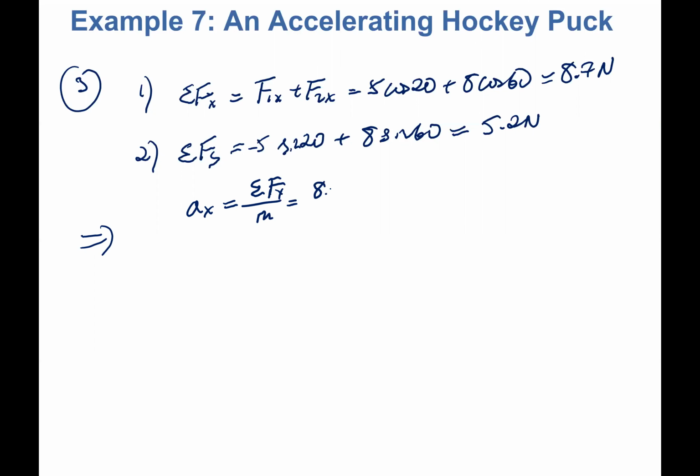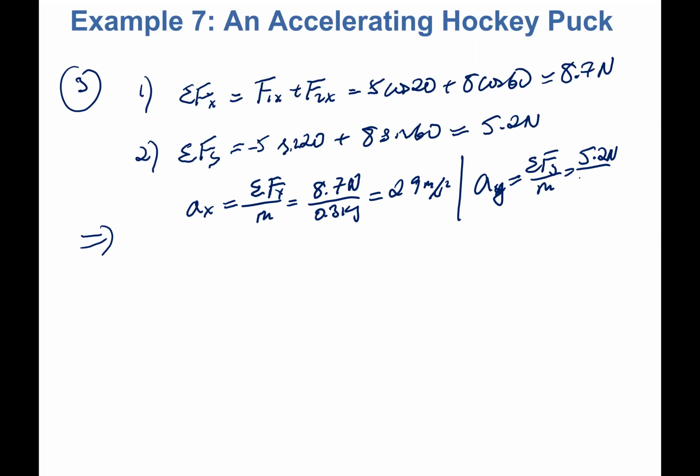That means I take 8.7 newtons divided by the mass of the object, 0.3 kilogram, and find the acceleration in the X direction, which is 29 meters per second squared. In the same way, I find the Y acceleration, which is net force in the Y direction over mass, 5.2 newtons over 0.3 kilogram, and I get 17 meters per second squared.